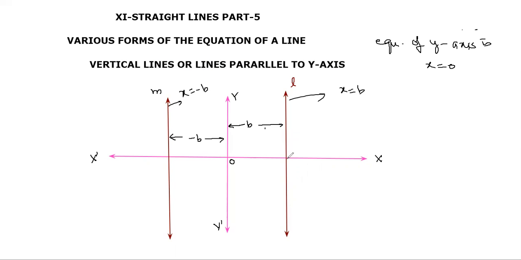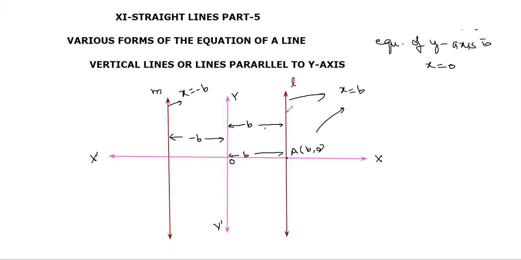Because if you take any point here, it is on the x-axis, where the y coordinate is 0, and this distance is b, so the point is (b, 0). So x is equal to b only.